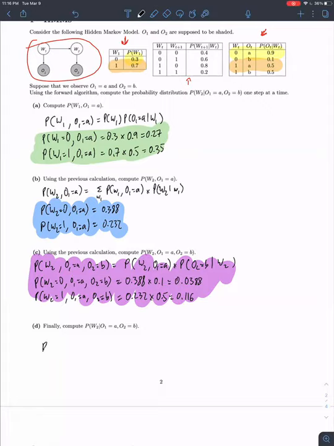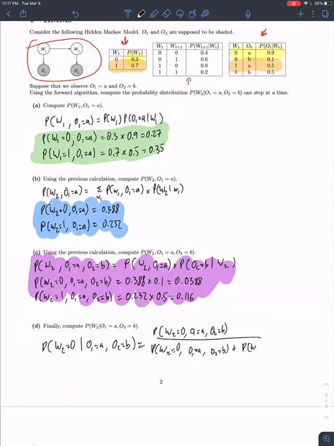So probability that W2 equals 0, given that O1 is A and O2 is B, well, that's equal to probability of W2 equals 0, O1 equals A, O2 equals B, divided by probability W2 is 0, O1 is A, O2 is B, plus probability W2 equals 1, O1 equals A, O2 equals B.